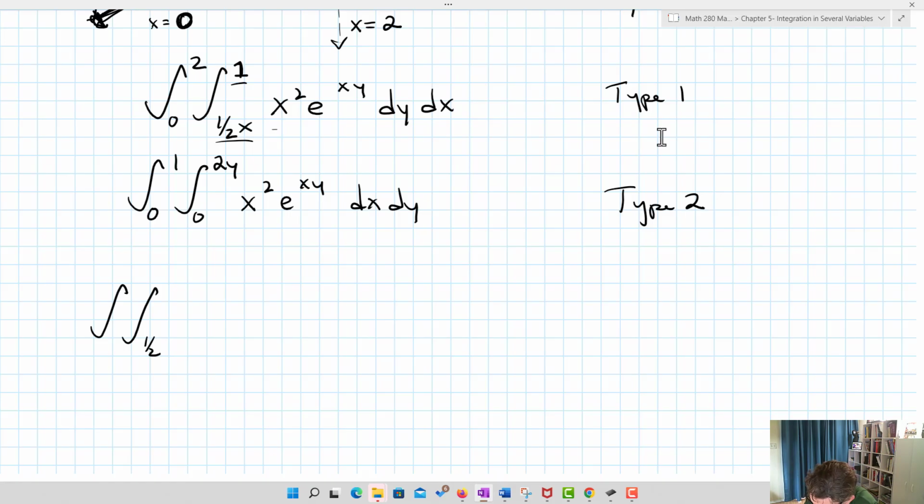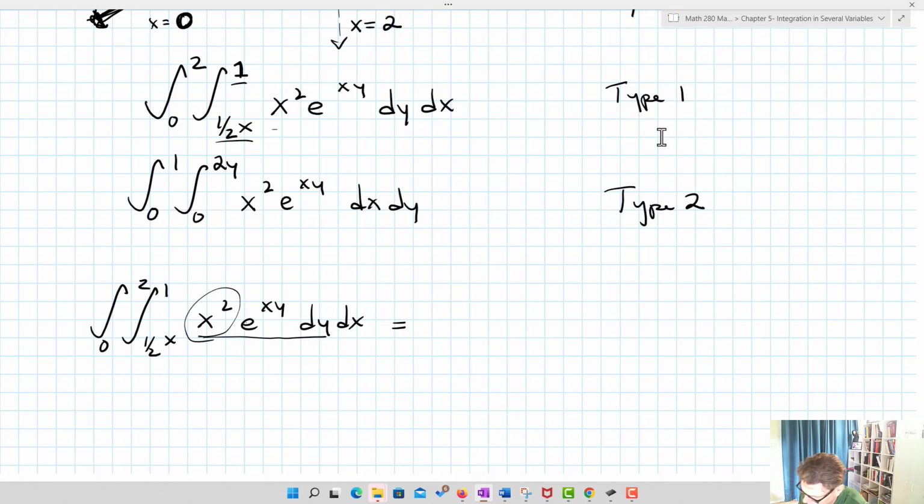So I've got the integral from 1/2 x to 1, 0 to 2, x squared e to the xy dy dx. For our purposes, what we're going to do first is integrate with respect to y first. So x becomes a constant. And so this ends up equaling, if x is a constant, then x squared is also a constant.